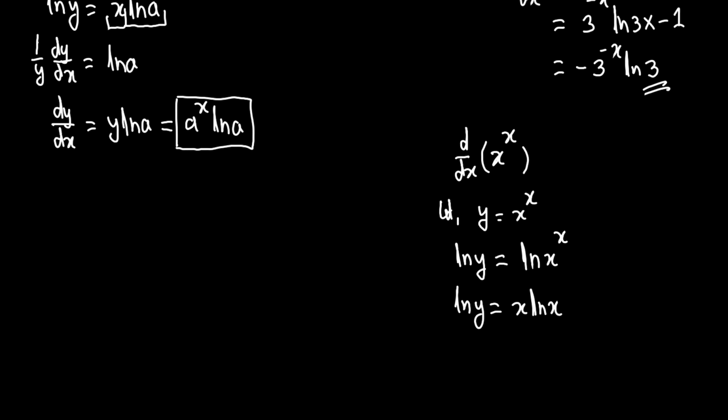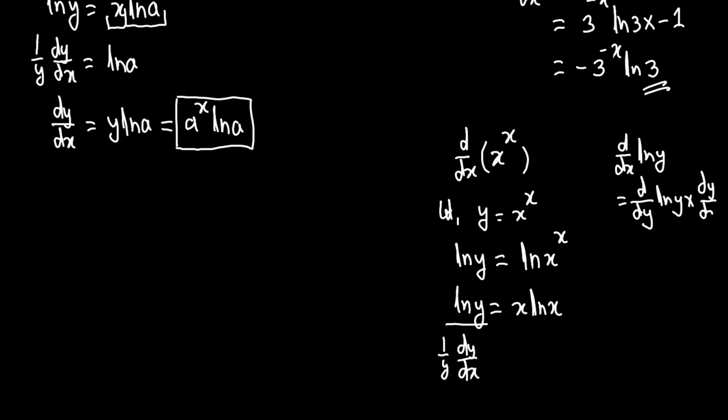Now we are going to apply differentiation with respect to x on both sides. From the left, ln y gives 1 by y dy by dx, because if we differentiate ln y, which is a function of y, it would be d by dy of ln y into dy by dx.